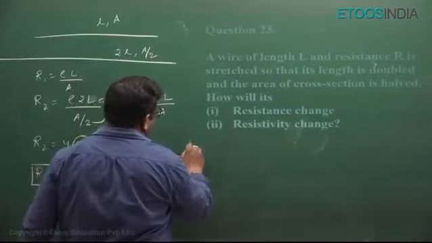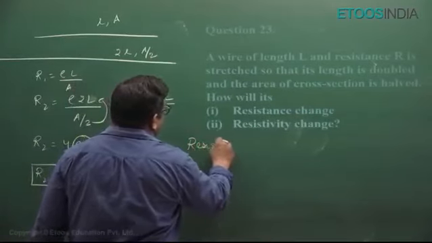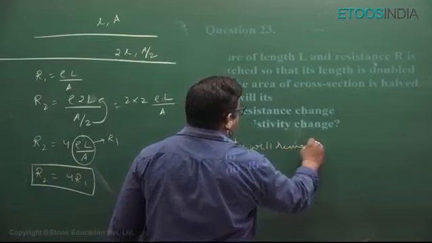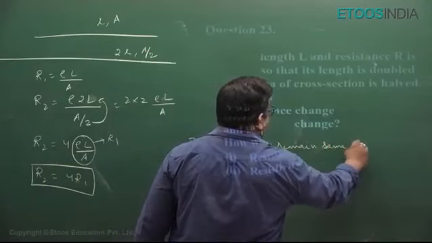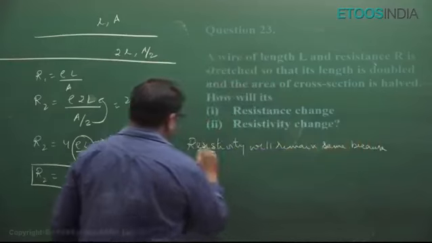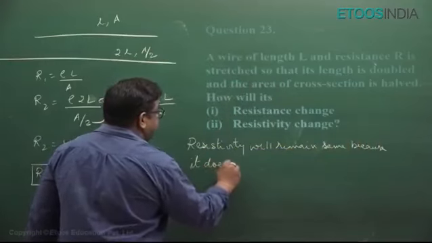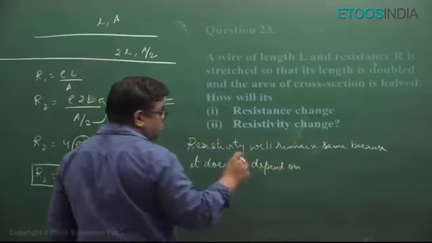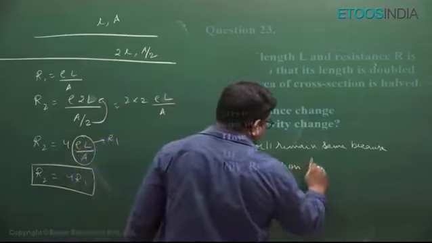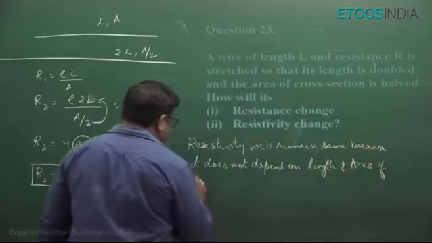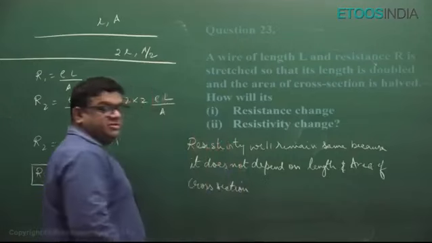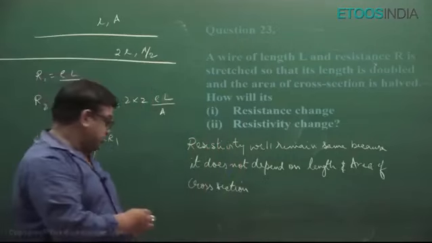So we'll write, resistivity will remain same because it does not depend on length and area of cross section. Got it? Now let's move to the next question.